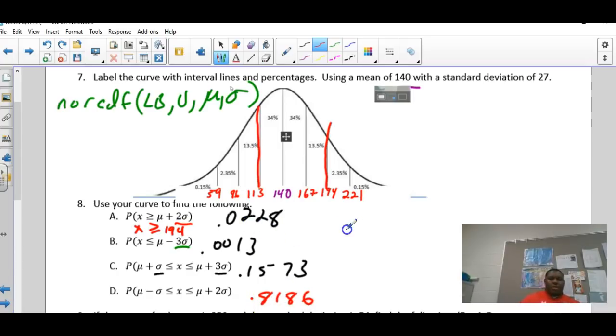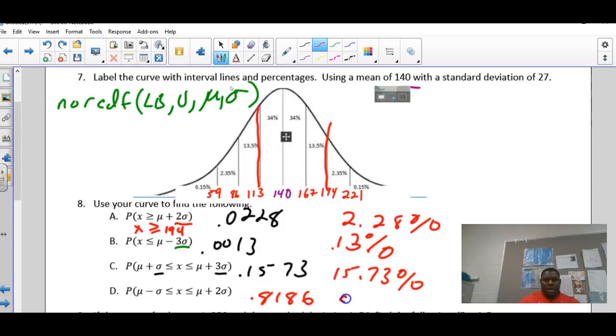Some of y'all might convert these to percentages: 2.28%, 0.13%, 15.73%, and 81.86%. Same thing, just in percent.